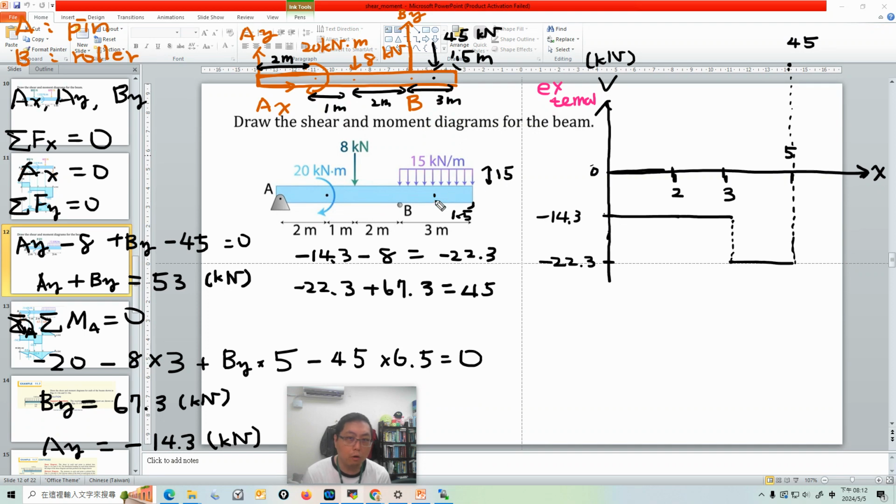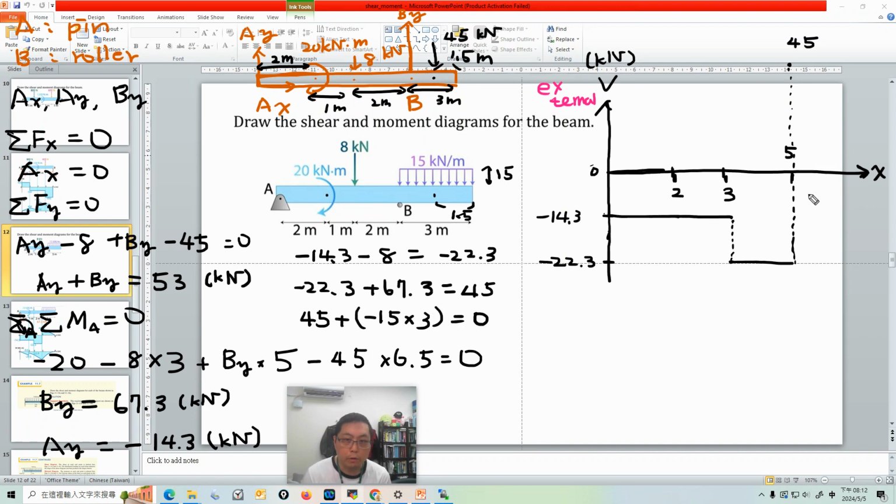Here is 45, and the length of the distributed load is 3. So we add this together, and you find it goes to 0.